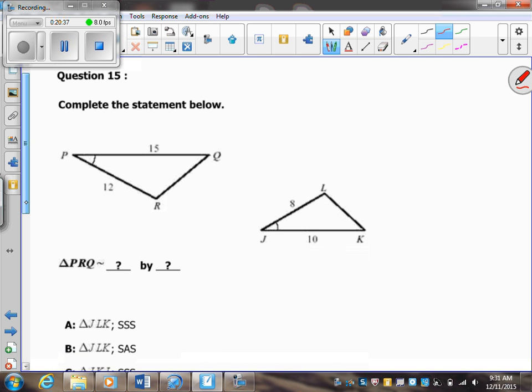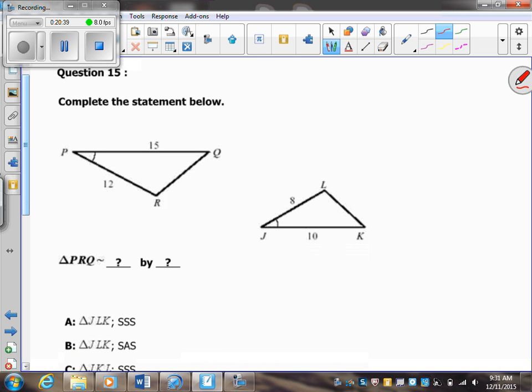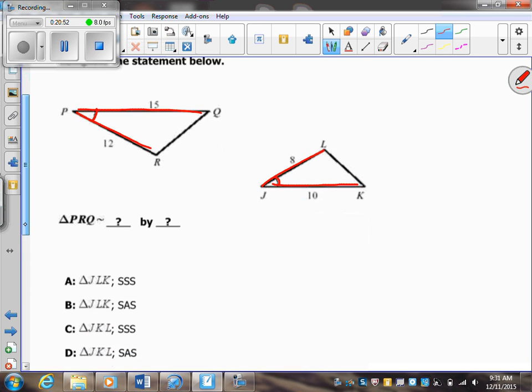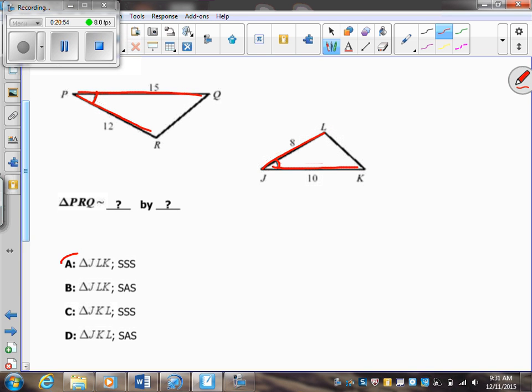Here, complete the statement below. I have a side, an angle, and a side. That's what this is, right? So the two triangles are going to be congruent by side-angle-side. I'm going to eliminate A and C, because that's not side-side-side.